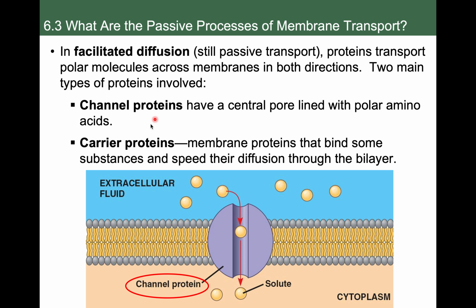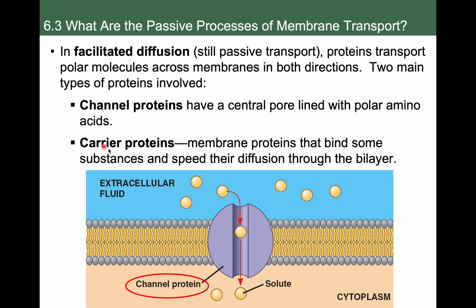And there's a couple of different ways we could facilitate diffusion. We could do that with channel proteins like the aquaporins. They look something like this, where we just create this channel, and basically any molecule that fits through the channel can just diffuse straight through. But it's still diffusion because these molecules are moving from an area of high concentration, in this case outside the cell, to the inside of the cell.